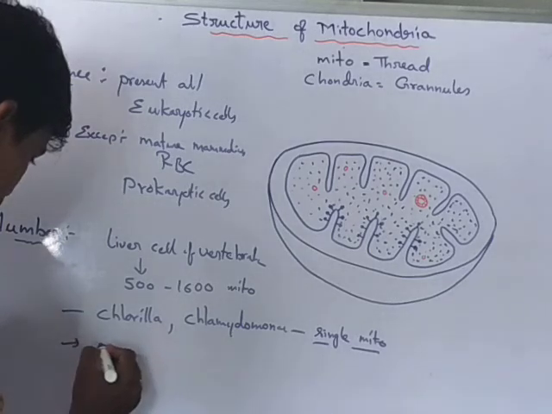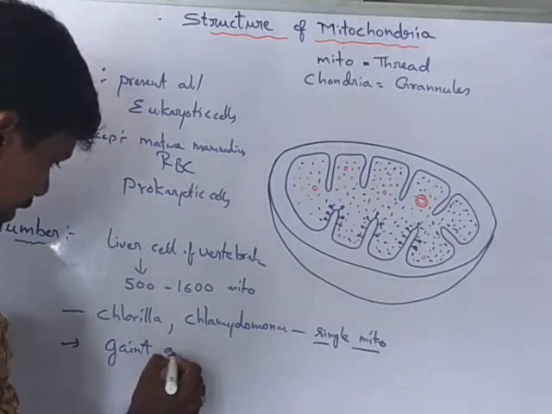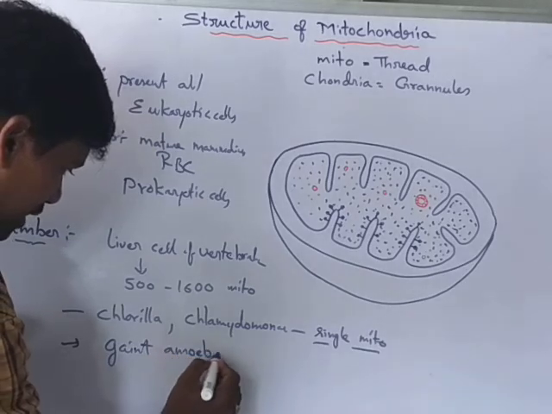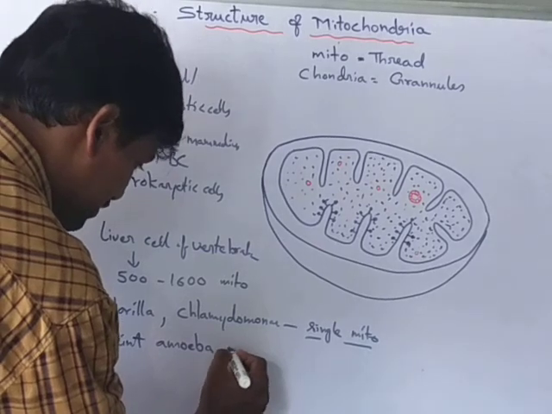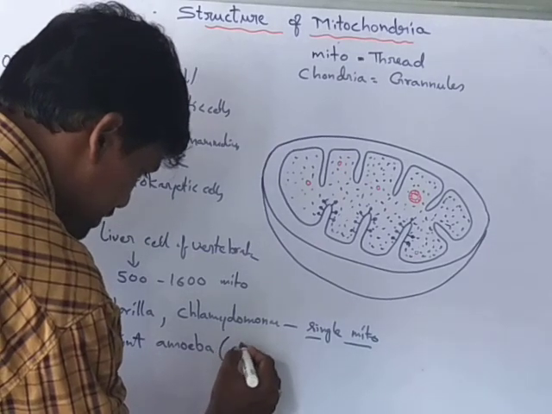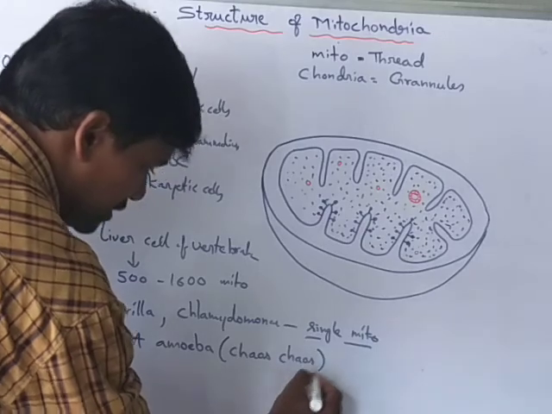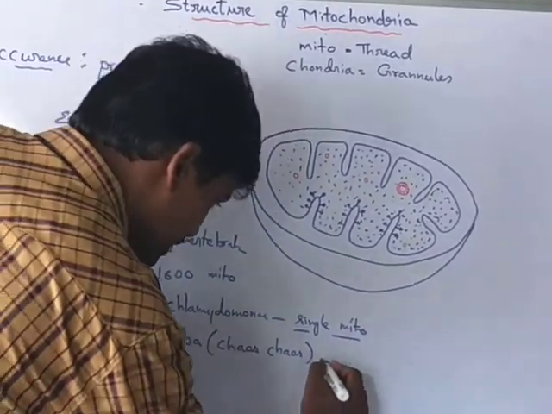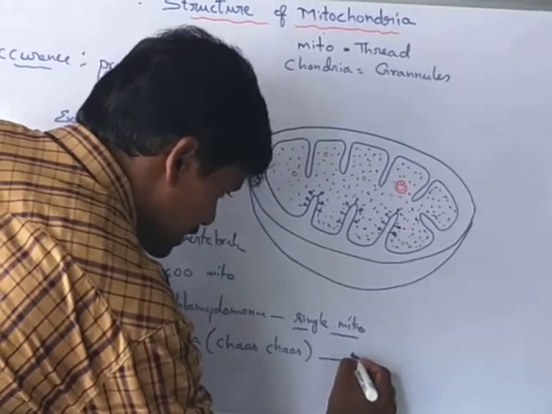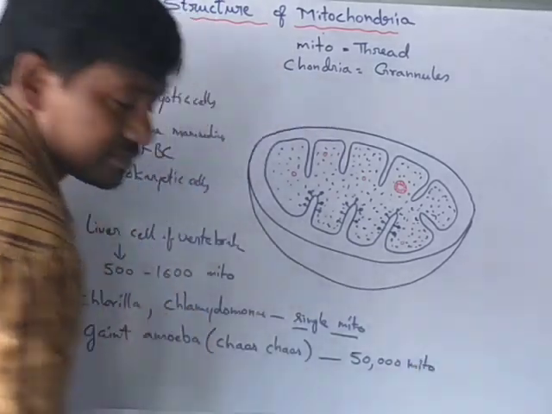If you take the giant amoeba, the scientific name is Chaos, it contains nearly 50,000 mitochondria.